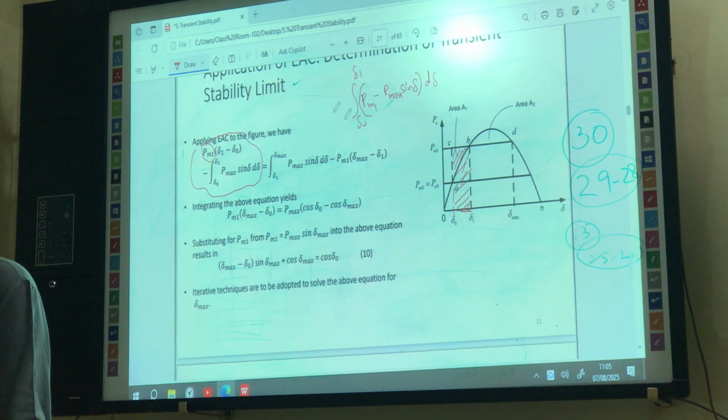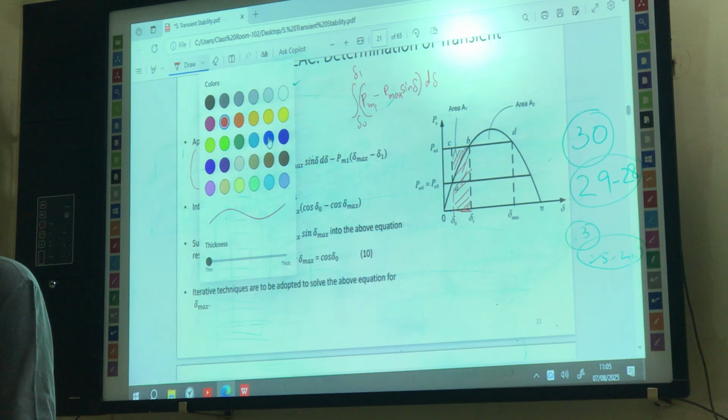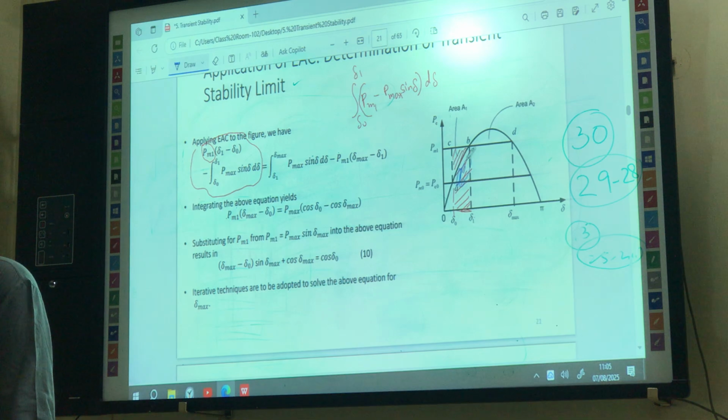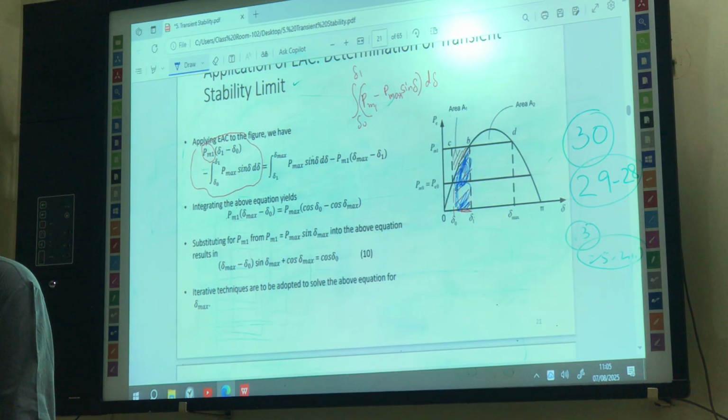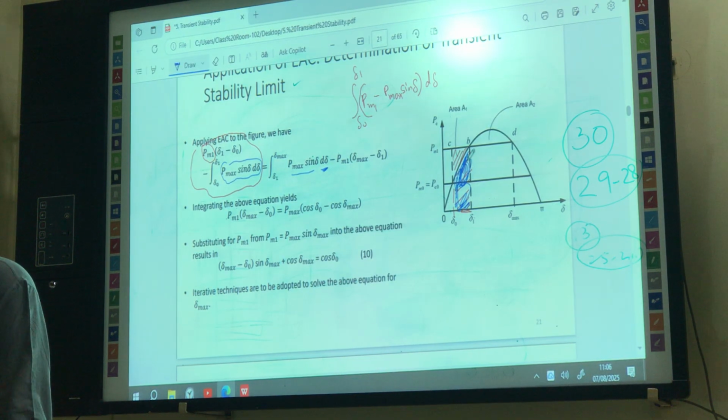Now from this area you need to subtract this whole one, right? Then you will get the acceleration area, right? So what will be this area? This area is under this curve, right? That means this area will be nothing but the integration of P with respect to delta, from delta naught to delta 1, then you will get this area.